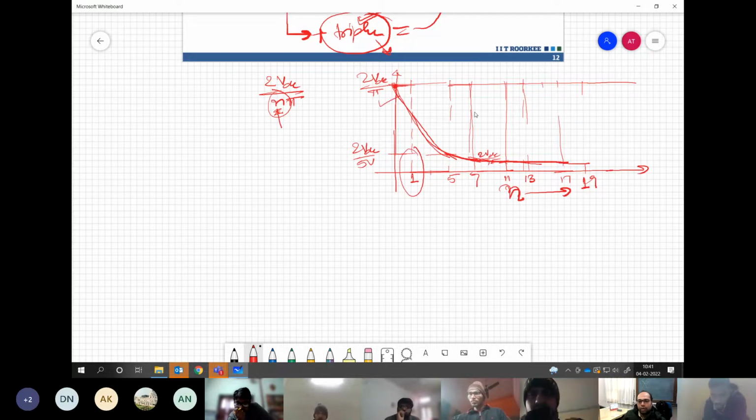I should have drawn it from here, not the DC component. It should start from here basically. And it will keep going up to a very high order of harmonic until the magnitude becomes insignificant. So this is how these are located.